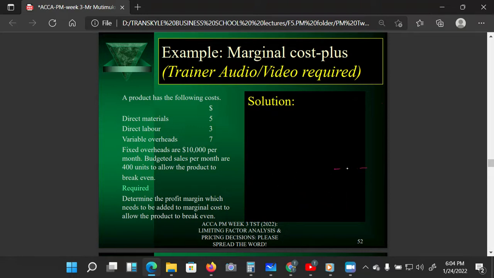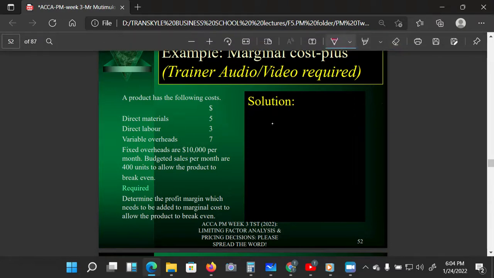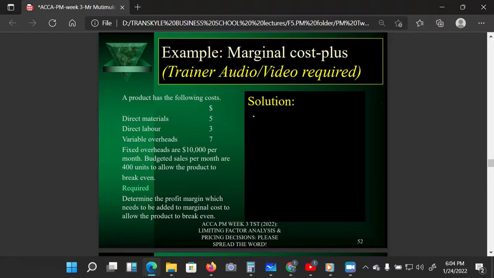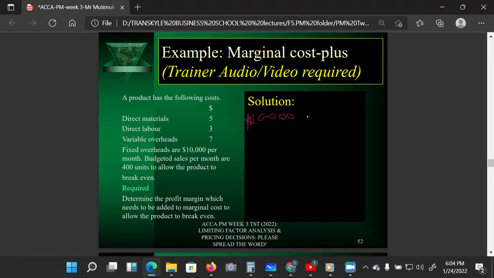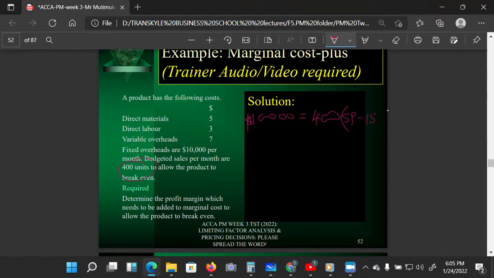At the break-even point, the 10,000 fixed overheads equal the 400 units, because the budgeted sales per month are 400 units, multiplied by the selling price minus variable cost. In this case the variable cost is $15.